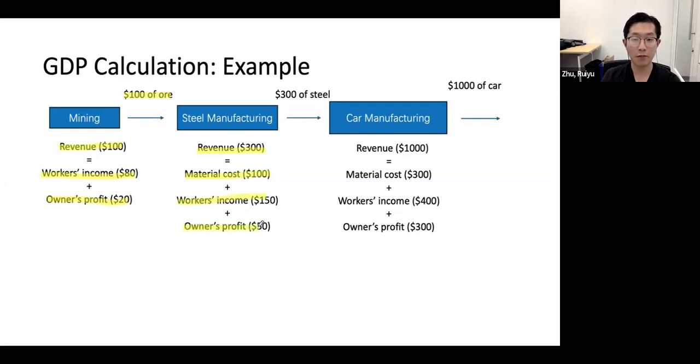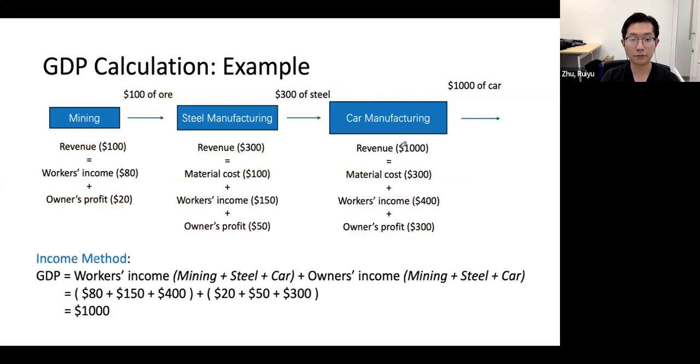So these three parts of money, when we add them together, should give us the total revenue of the steel industry, right? And in the car manufacturing industry, we use the material cost, which is the $300 of steel, and workers' income and owners' profit. Add them together, and that should give us the total revenue of the car industry.